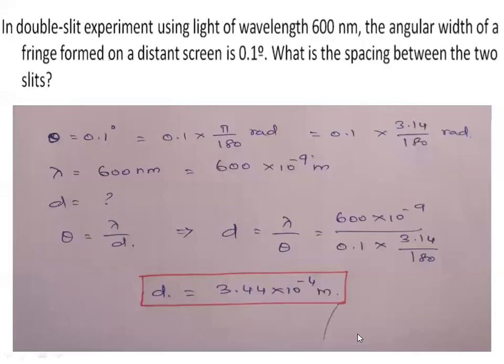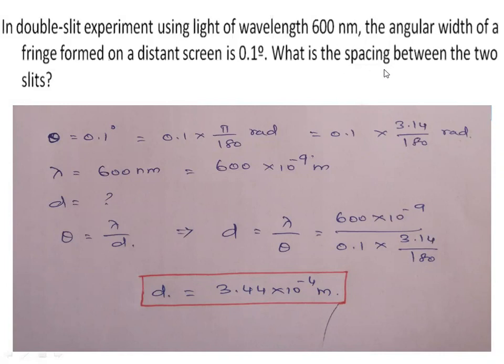Okay. Next numerical. In a double-slit experiment using light of wavelength 600 nanometer, lambda is given, right? Wavelength means lambda, it is 600 nanometer. The angular width of a fringe formed on the distant screen is 0.1 degree. The angular fringe width is given, so it is considered as 0.1 degree.